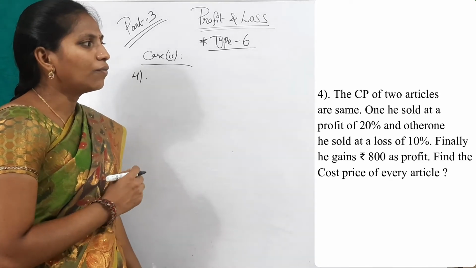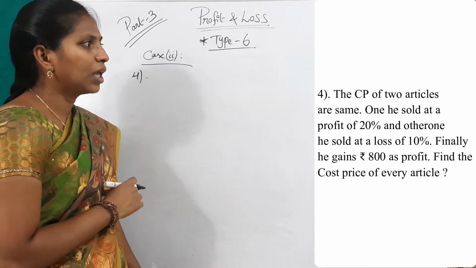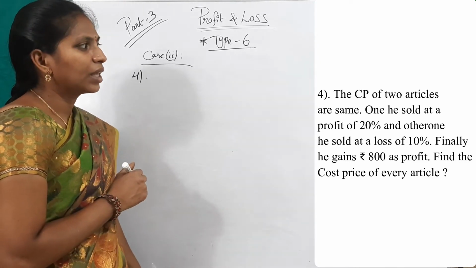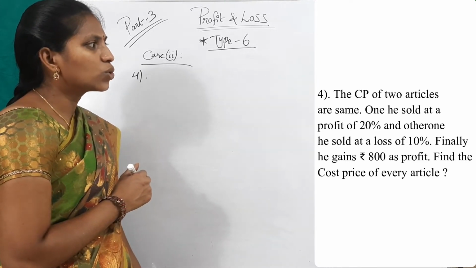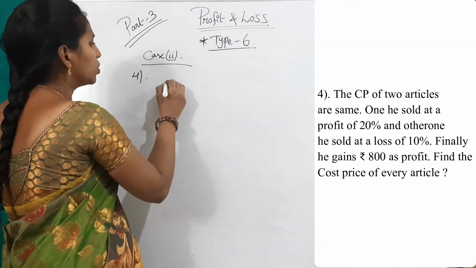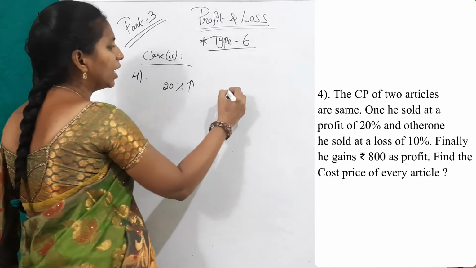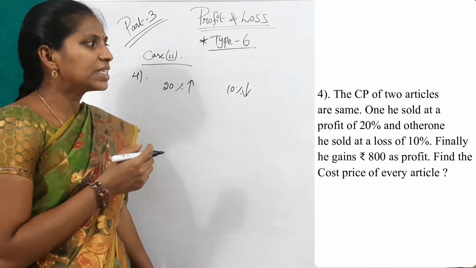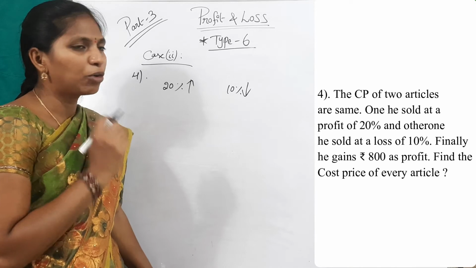Now see the fourth question. The cost price of 2 articles are the same. One he sold at a profit of 20% and the other one he sold at a loss of 10%. Finally he gains 800 rupees as a profit.